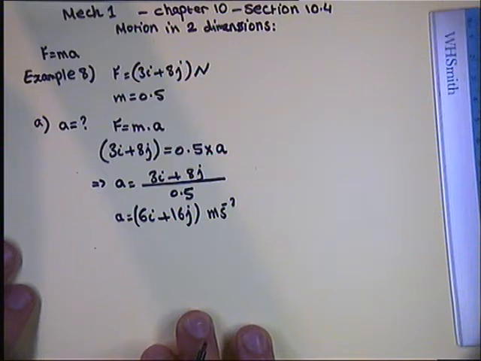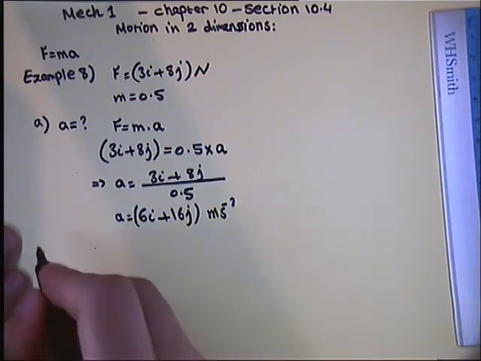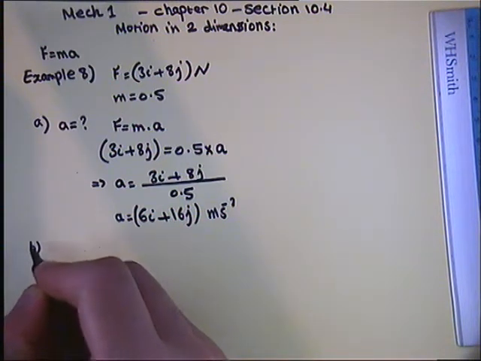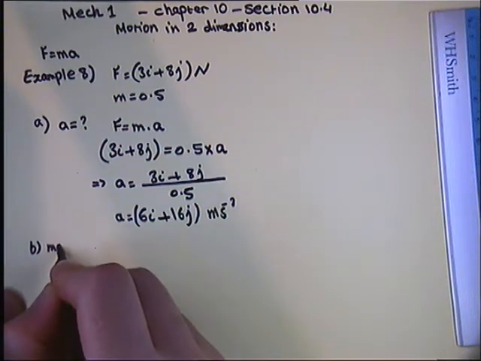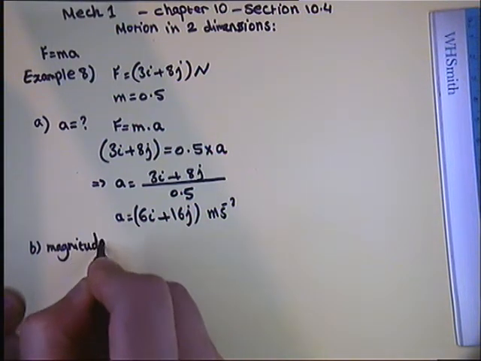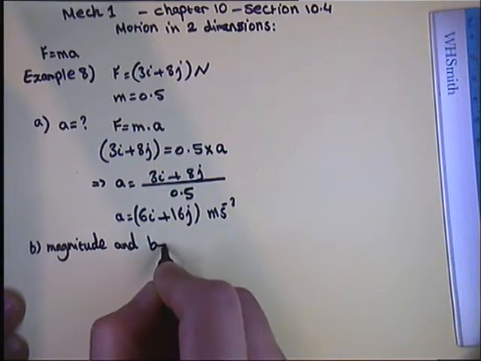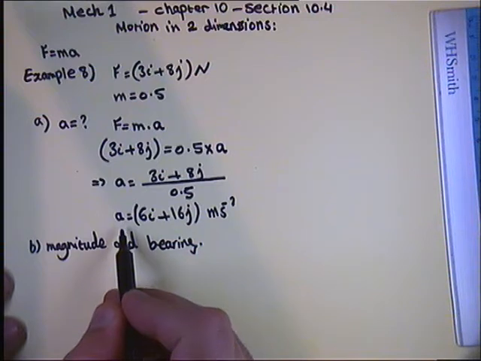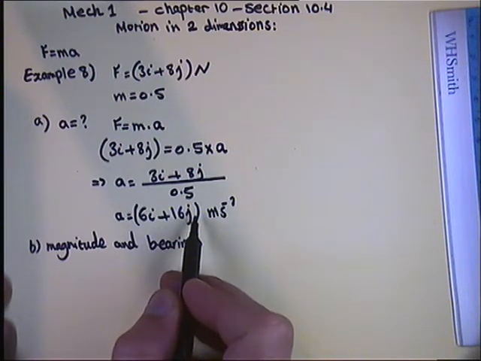Part b: find the magnitude and bearing of the acceleration of the particle. Magnitude means the length or size of the force, or in this case, the acceleration. We know the acceleration in vector form is 6i plus 16j.